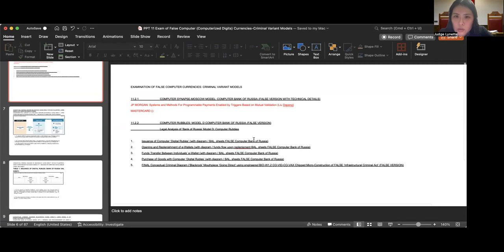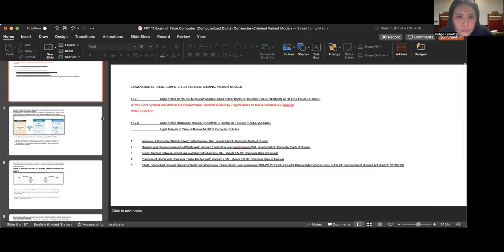As I mentioned before, it will just be legally considered as if you are in a virtual computer game and you walk past a shop in the virtual world, a virtual shop that is called the computer bank, and then they can put any name, any country name. So it is virtual, and therefore it is not considered legal, tangible, or official. So I can only call it a computer bank of Russia.